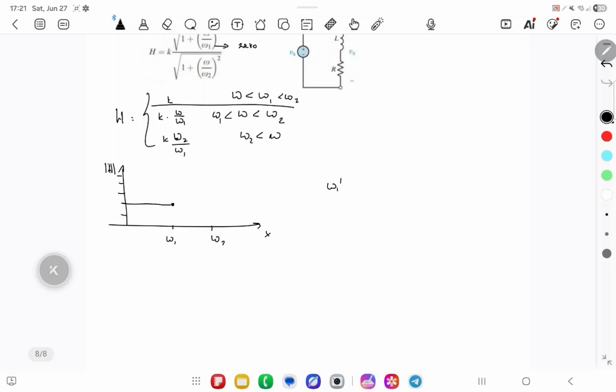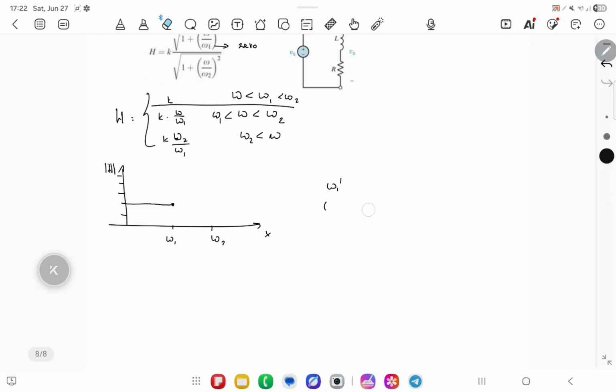So it means that there is only one frequency at this particular point. If you have, let's say, an expression that is 1 plus jω over omega 1, then it will increase by only 20 dB.